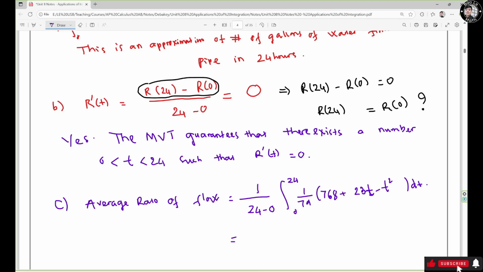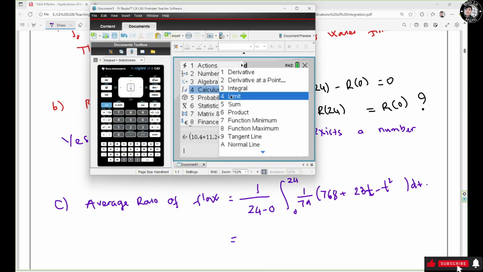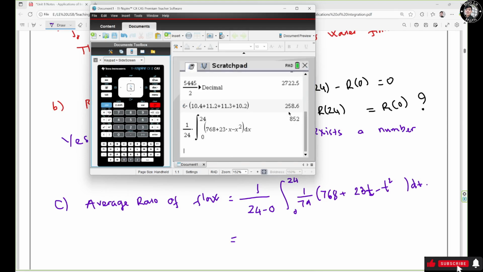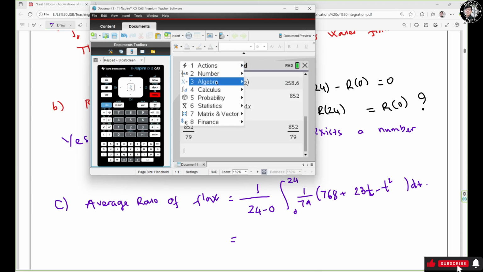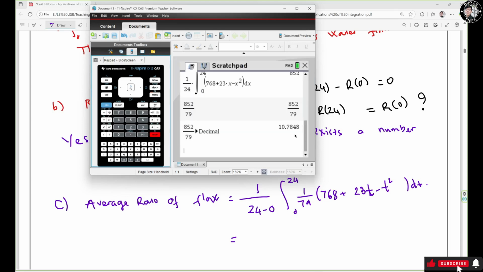Then you're going to hit the calculator. So you're going to hit menu, calculus, integral, hit enter. Now don't forget to divide by 24. So you need to divide by 24. So the answer must be, you need to convert this one to decimal. The answer is 10.7848.